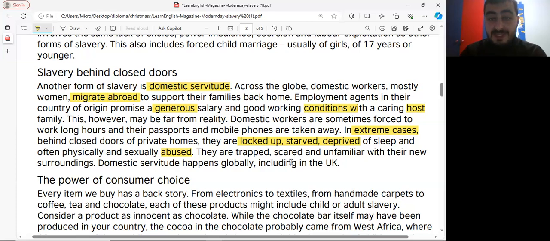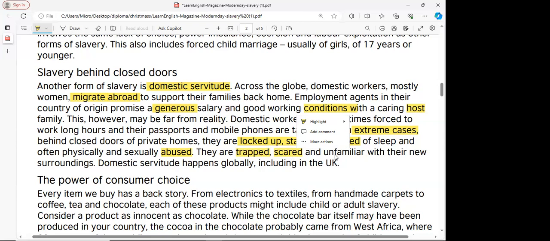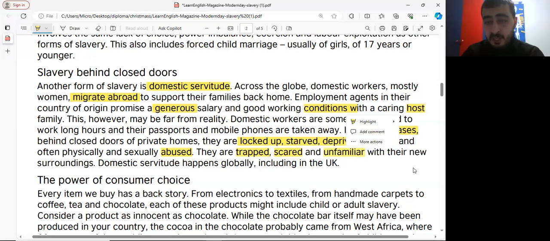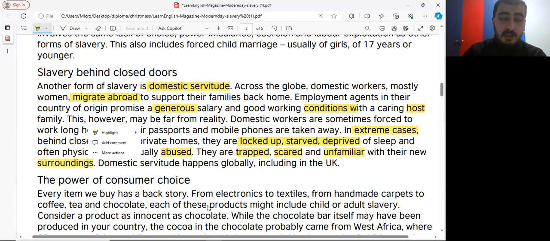They are trapped, scared. Trapped محشور. Scared خائفين. Unfamiliar غير مألوفين with their new surroundings، البيئة المحيطة فيهم.